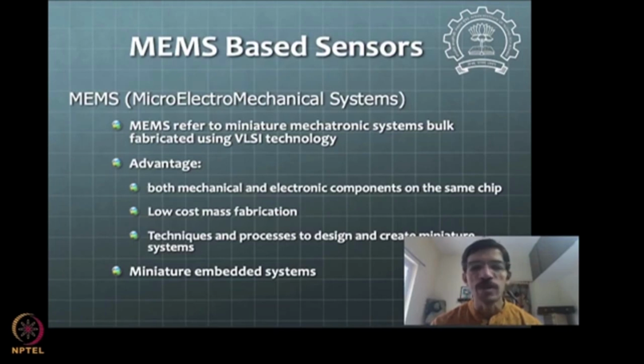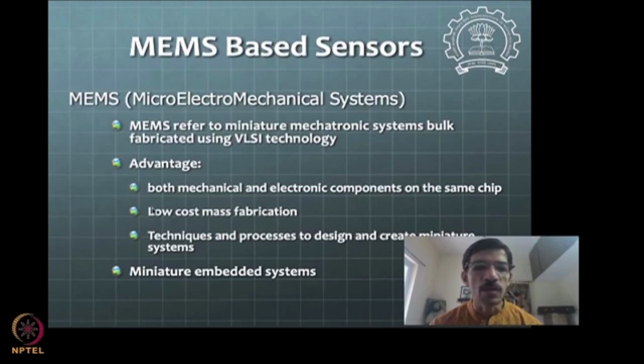Manufacturing may not be so easy because it undergoes VLSI processes, which are based on costly equipment. So the advantages here are you can have integrated fabrication of sensors with both mechanical and electronic components on the same sensor.